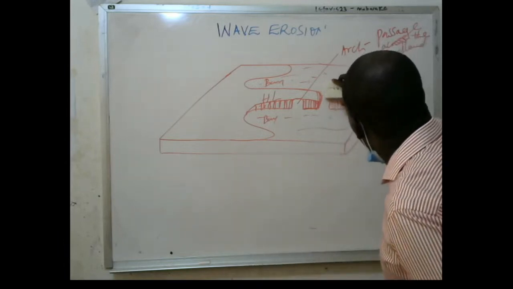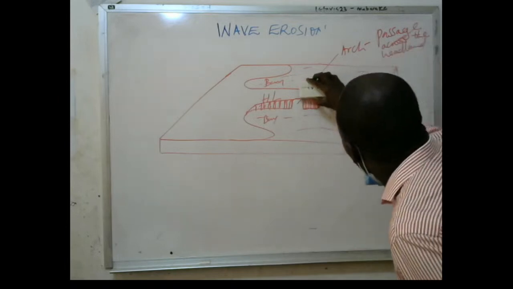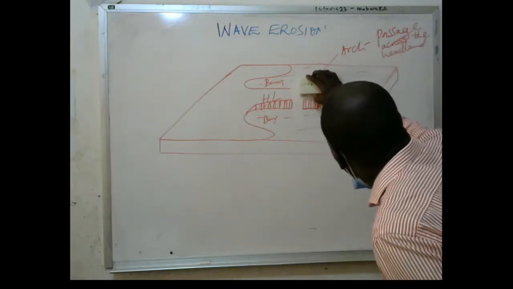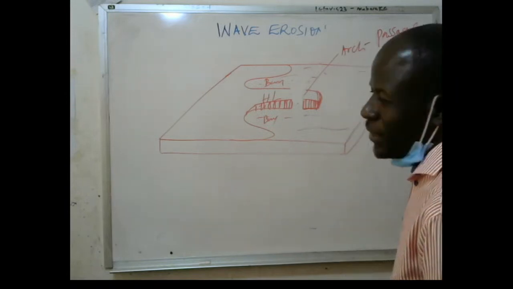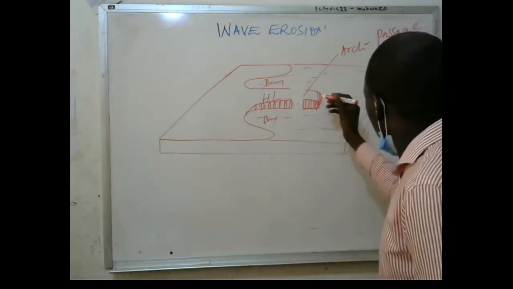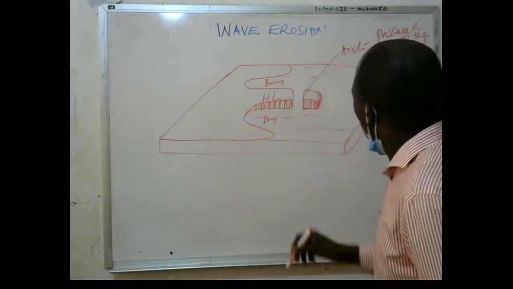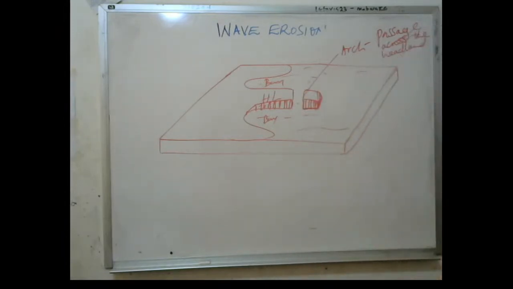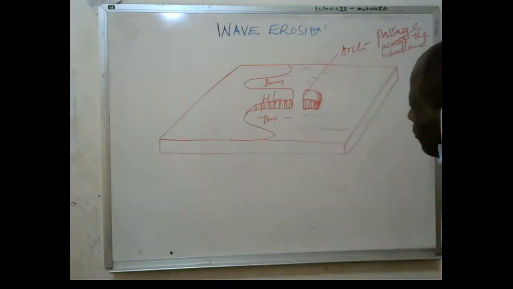And so that detached piece of the rock, assuming now this one is detached when that part there collapses. So when the roof collapses, our arch is no more. What happens is that now this seaward part of the headland has been cut off from the headland.